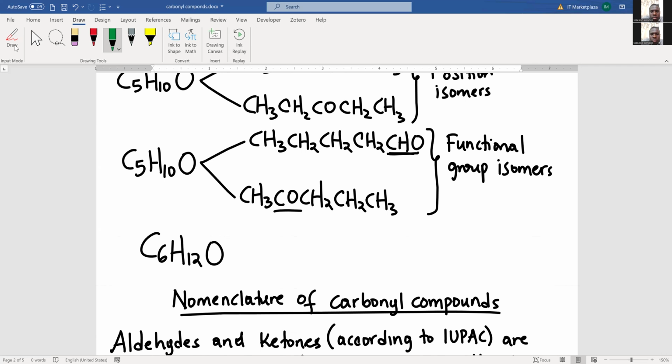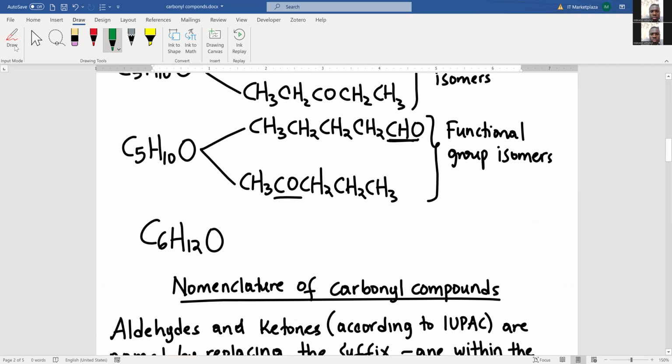There are 5 carbon atoms. 5 carbon atoms correspond to cyclopentane. So one can as well have the following.